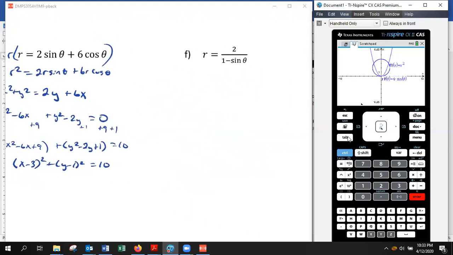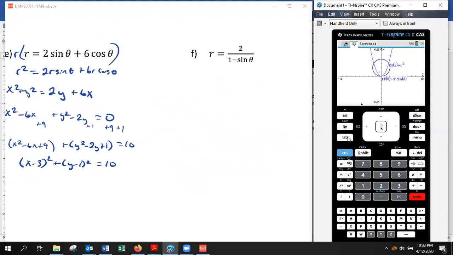And then we get to this one, r equals 2 over 1 minus sine theta. Wow, that one looks incredibly weird. It's like I've never seen anything like that before. So what I'm going to do is graph it to say, okay, what do I think this is going to look like, so that I know if my equation is going to look proper at the very end.